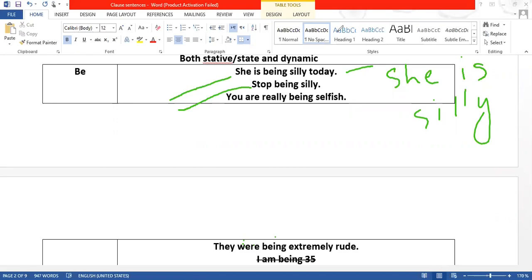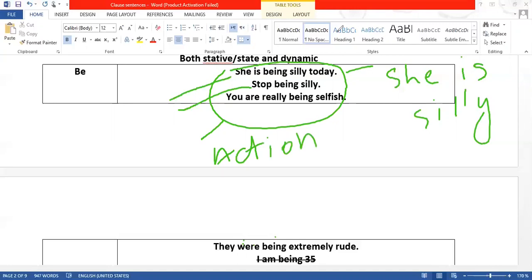Do you understand? So it can be used in action sentences. So these are action sentences, remember, and it is just for a short period of time that we are using it. But if you just talk about the state or condition, that she is silly or she is stupid all the time, or he is a stupid person, that is a state sentence.